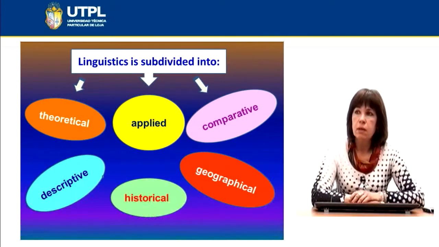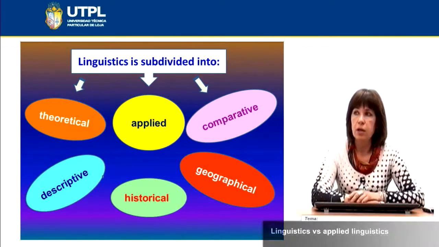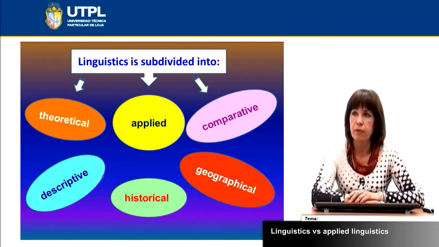And in this slide you can see some fields of linguistics. There are many, and I decided to mention just some of them. For example, we have descriptive linguistics. It's closely related to comparative linguistics. They both describe languages and establish differences between languages.